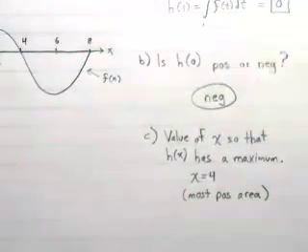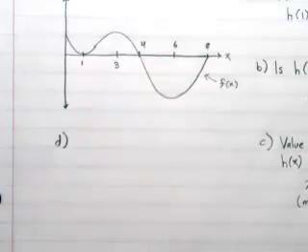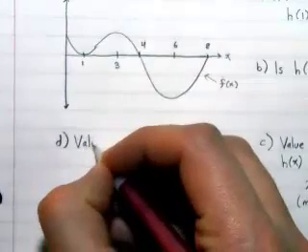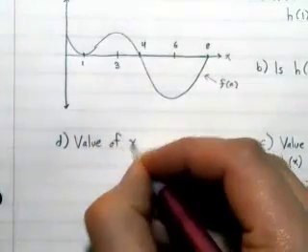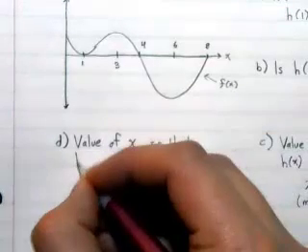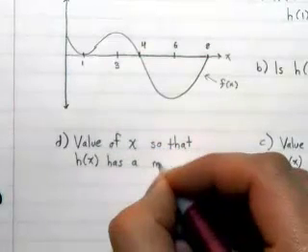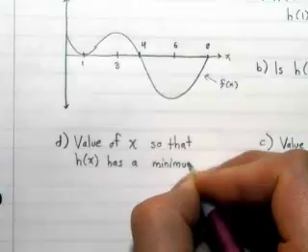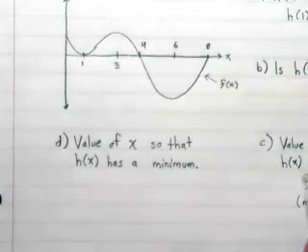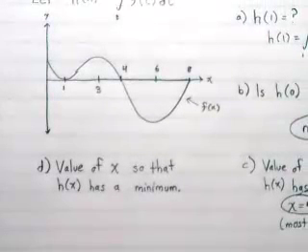All right, I guess I'll jump over here to do D. So the next one, h of x has a minimum. So what do you think?